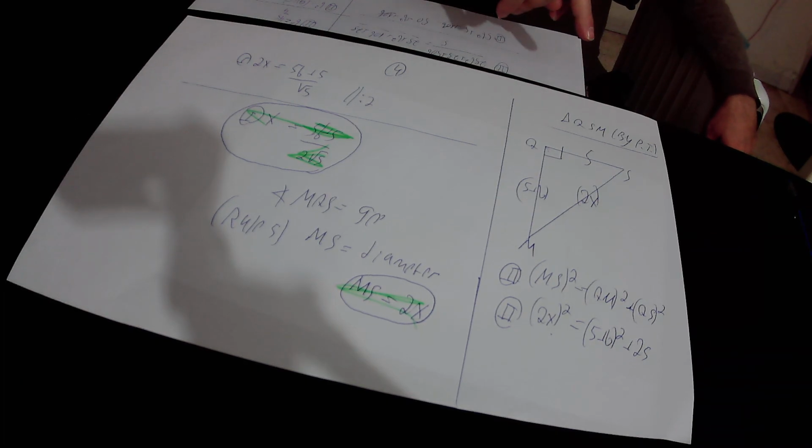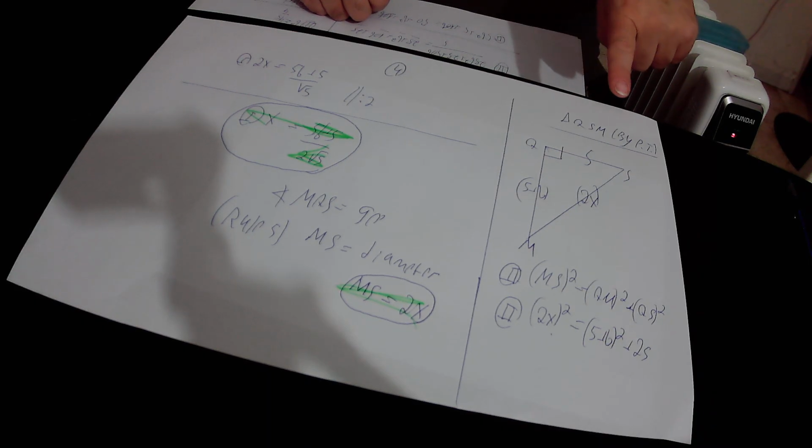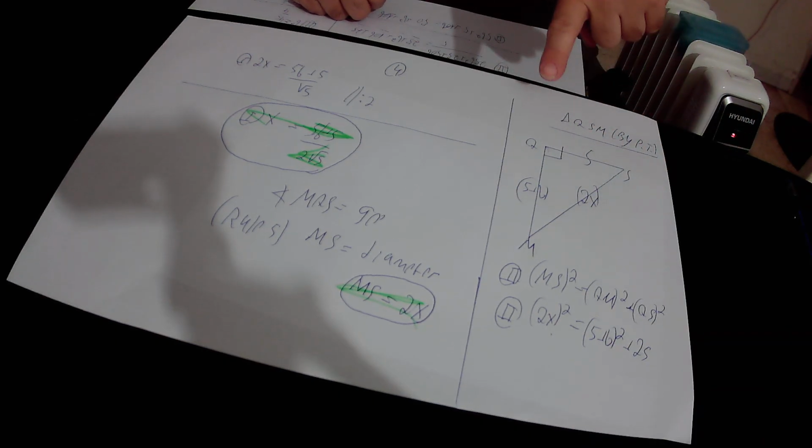So according to the Pythagoras theorem, in this right triangle QSM, SM squared, that is the square of the hypotenuse, must be equal to QS squared plus QM squared. Again, SM is 2x, therefore SM squared is (2x) squared. And it must be equal to QS squared. QS is 5, therefore QS squared is 5 squared, that is 25, plus QM squared.